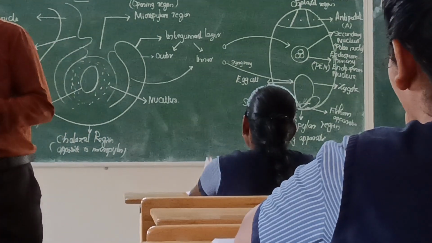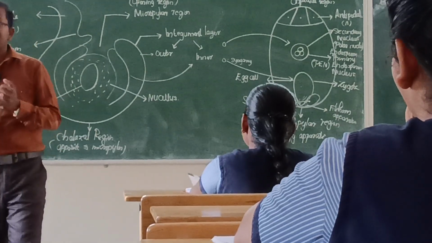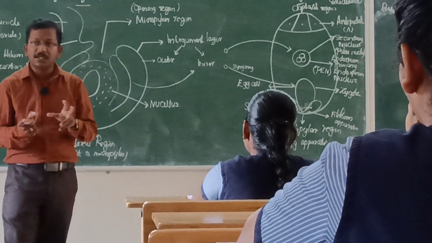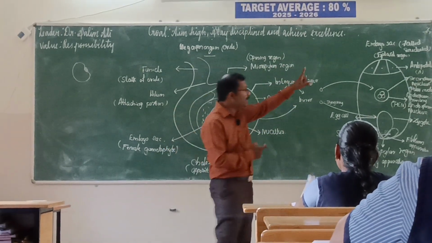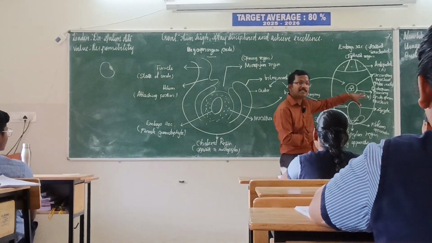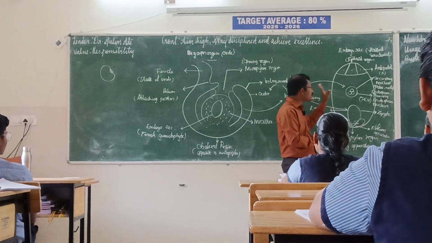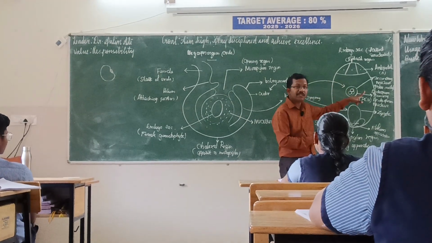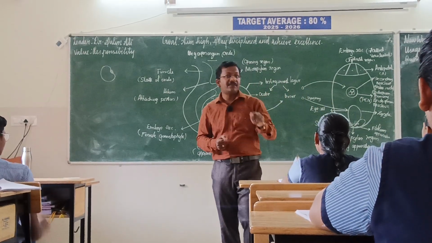So remember, the polar nucleus or secondary nucleus is formed as a result of the fusion of two cells, one from the micropylar region and one from the chalazal region, isn't it? Two cells fused together to form the secondary nucleus. Along with the secondary nucleus, one more nucleus is fusing, the male nucleus. So here the fusion of three nuclei takes place, so we call it triple fusion.